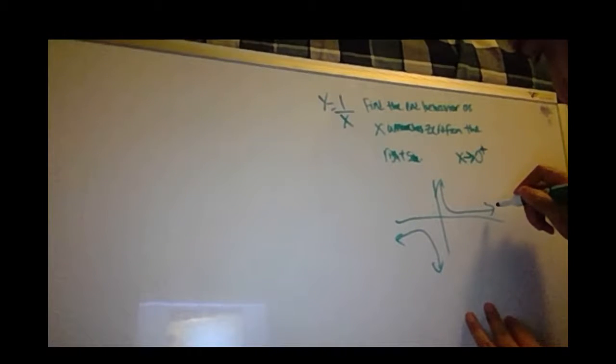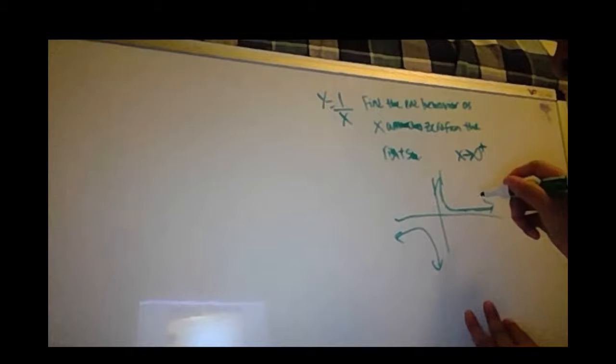It just means as x approaches 0 from the right side. If we grab our pen and look at it, it's approaching 0, but then it goes up, like this. So what happens to y as x approaches 0 from the right side?